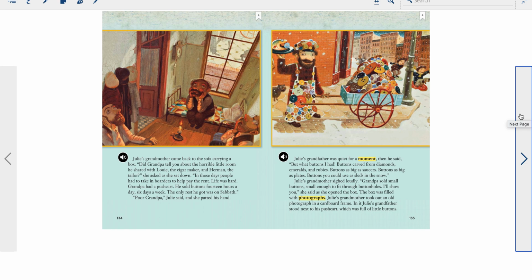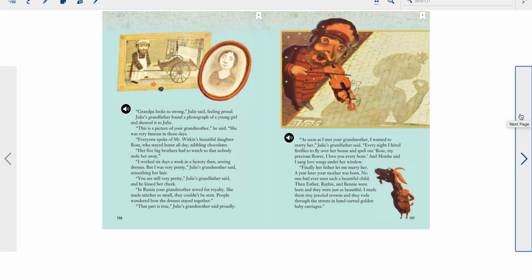The box was filled with photographs. Julie's grandmother took out an old photograph in a cardboard frame. In it, Julie's grandfather stood next to his pushcart, which was full of little buttons. "Grandpa looks so strong," Julie said, feeling proud.